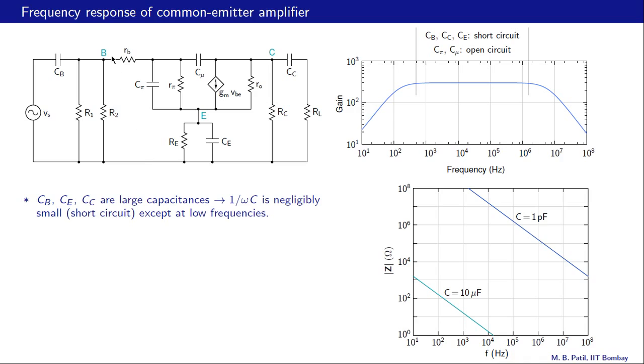Now that becomes comparable to the impedance that is seen from this port, and now there is a voltage division of Vs between CB and the rest of the circuit, and therefore the circuit sees a smaller voltage than Vs, and because of these reasons there is a drop in the gain at low frequencies.